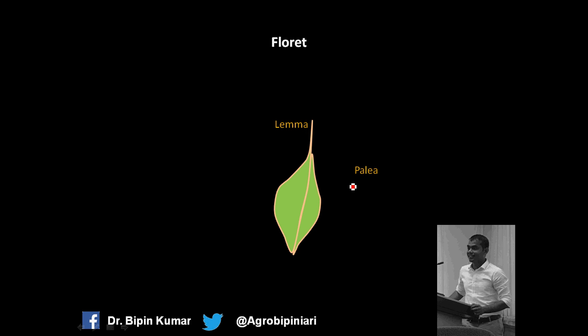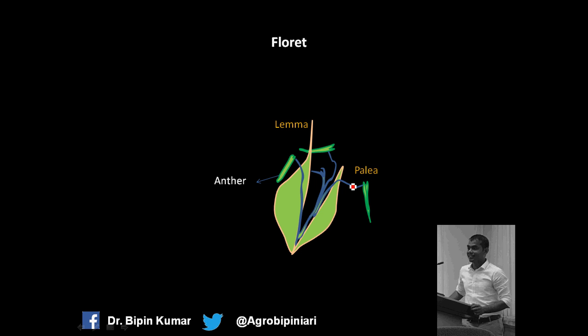So if we split this single floret, there will be 3 anthers and 1 stigma, and the portion below the anther is called filament, and the portion below the stigma is actually the style, and the female part also has one structure, that is the ovary. So ovary, style and stigma, this is actually the female part.